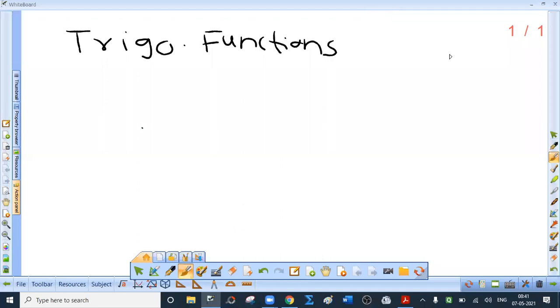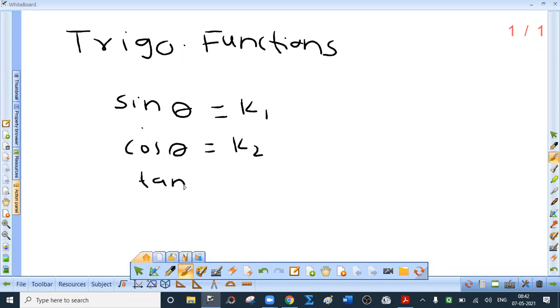Now first we discuss what are trigonometric equations. See, an equation which contains trigonometric functions of unknown angles is called a trigonometric equation. For example, I can say sine theta equal to say k1, then cos theta equal to k2, tan theta equal to k3.